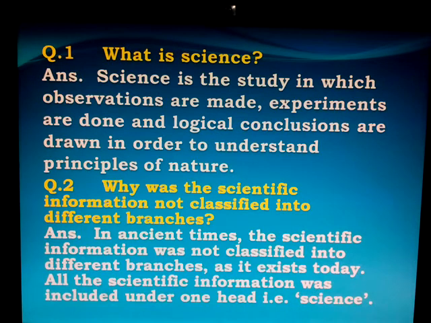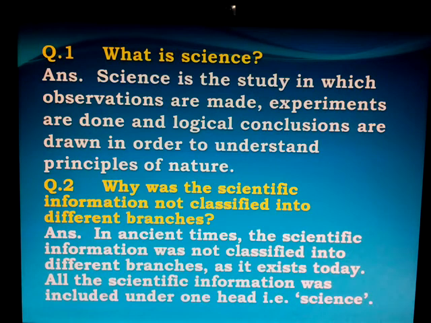Question number 2 says, why was the scientific information not classified into different branches? What is the reason behind it? In ancient times, the scientific information was not classified into different branches as it exists today, because nowadays the branches have increased so much.